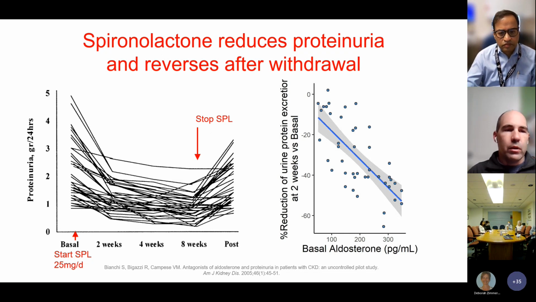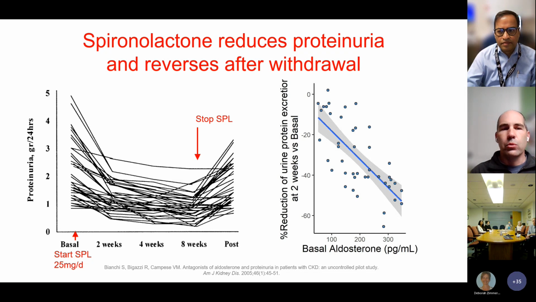So they took these people with persistent proteinuria, and you can see this is 3, 4, 5 grams per day in some people, so really high-grade proteinuria that persisted despite adequate ACE inhibitor treatment. And at 2 weeks, there was a significant reduction in a lot of these people that continued to get a little bit lower at 8 weeks. But the more convincing thing that it's providing this benefit is that you withdraw spironolactone and proteinuria rebounds.